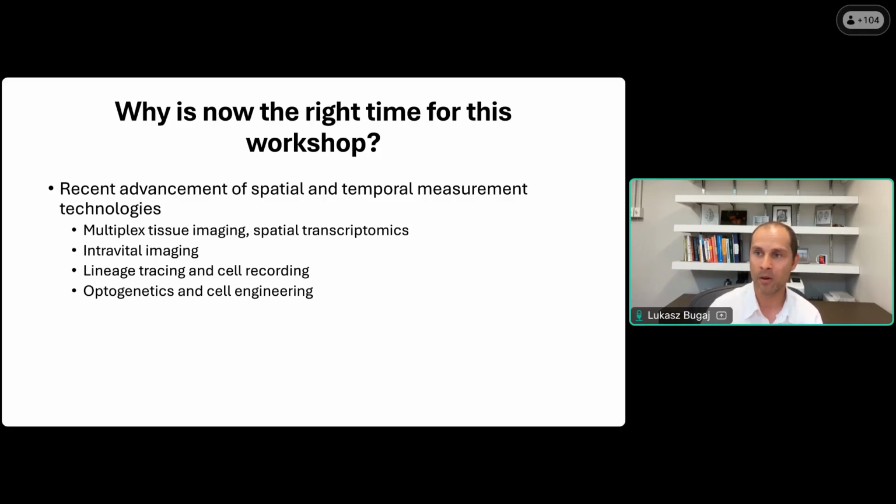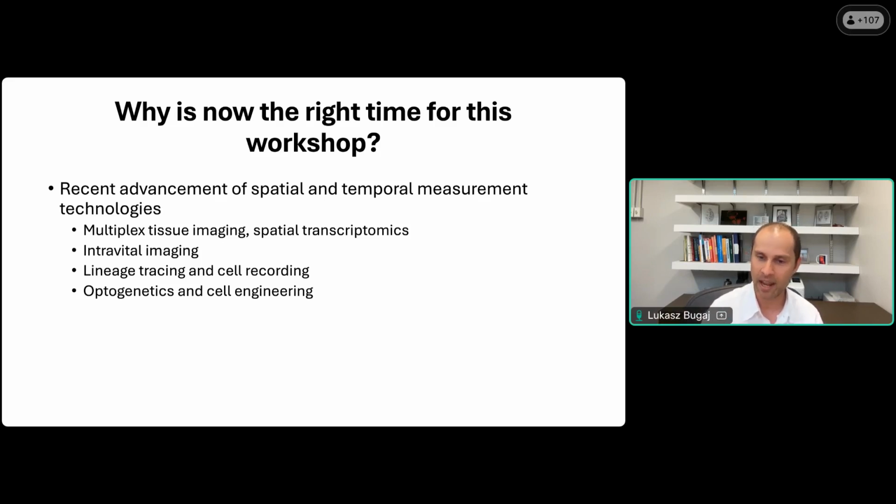So there's an increasing appreciation of the complexity involved, but also at the same time an increasing sophistication in the tools to really understand that complexity and perturb it and test hypotheses within it.